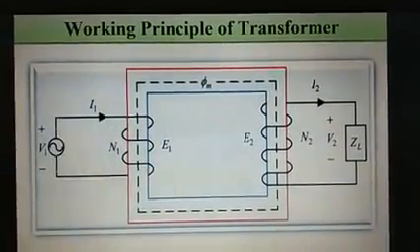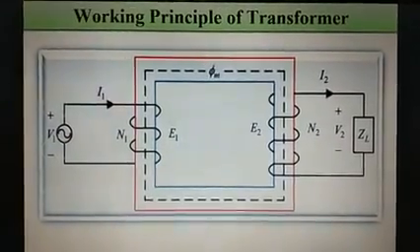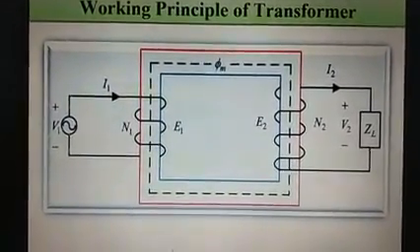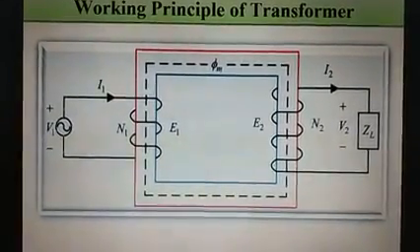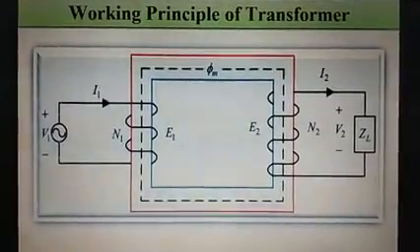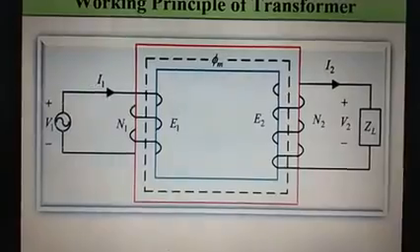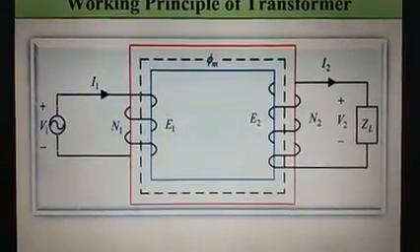There are two types of windings in a single phase transformer. This is a single phase transformer. These are primary windings and secondary windings. The primary winding is connected to the alternating voltage source and the secondary winding is connected to the load.